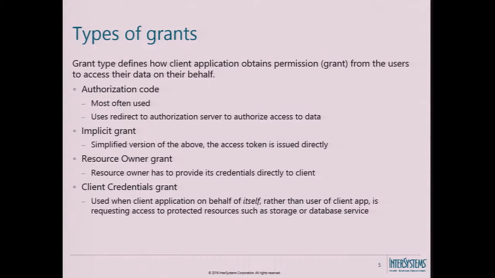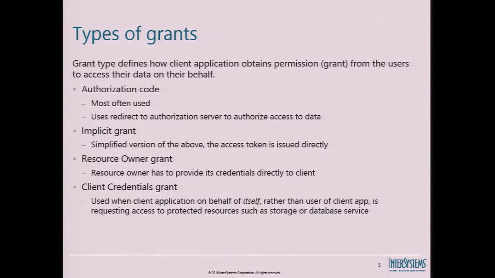And then we have the resource owner grant. It means that you provide your credentials directly, and the credentials are those that are used to protect your data on the protected resource server. The last type of grant is the client credentials grant.